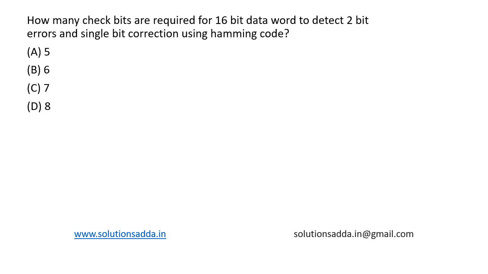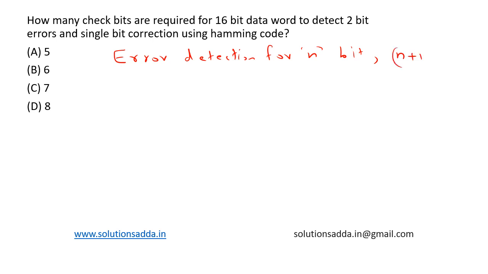So with Hamming code, to detect error, that is error detection, for n bit, we require n plus 1 bits.